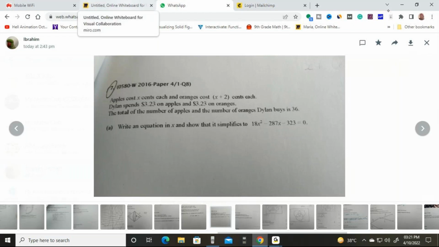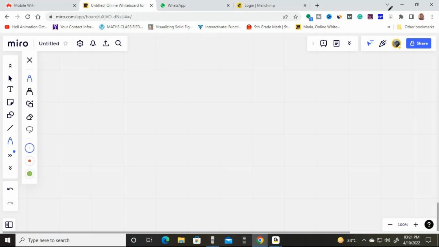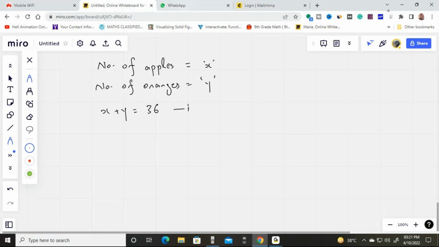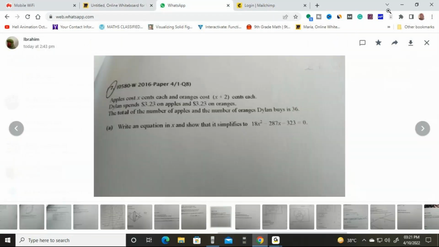We just come here and say that the number of apples he purchased is x, for instance, and the number of oranges is equal to y. The total number of fruits is equal to 36. That's my equation number 1, as they have said.